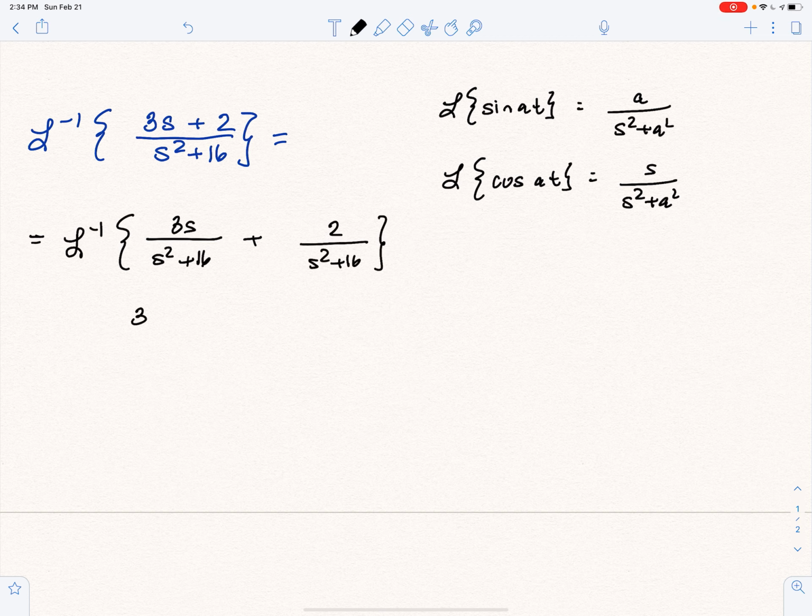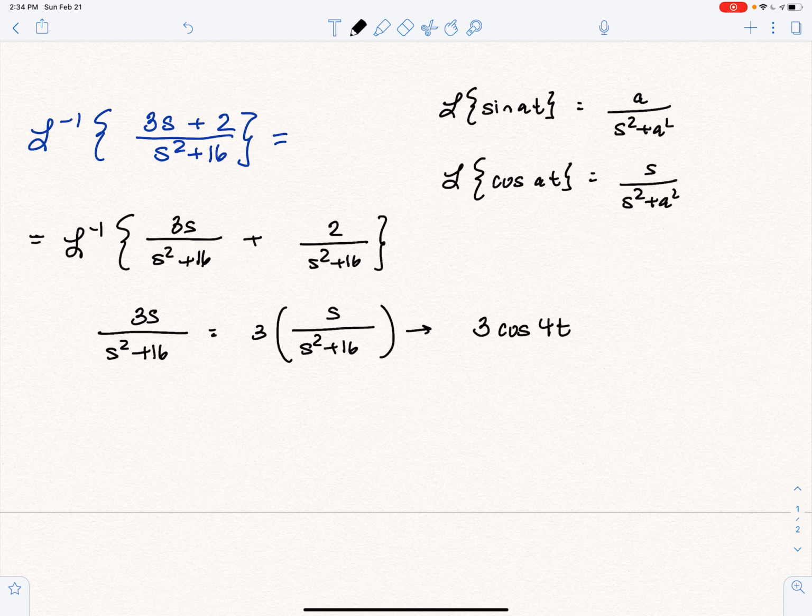Now, 3s over s squared plus 16 is 3 times the quantity s over s squared plus 16. Now, s over s squared plus a number squared is exactly like cosine. So this is going to be 3 cosine of 4t. And if we have 2 over s squared plus 16, notice over here it looks like sine, but we're missing something.